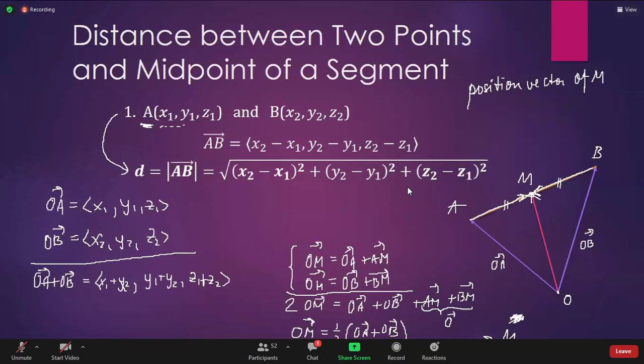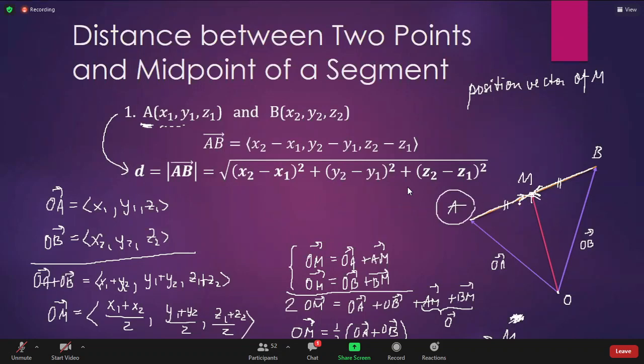And then half of this vector, this means the vector OM is half of this vector. How do we do it? We do it by multiplying every coordinate by 1/2, so each is divided by 2. And so we have the formula for finding the coordinates of the midpoint.